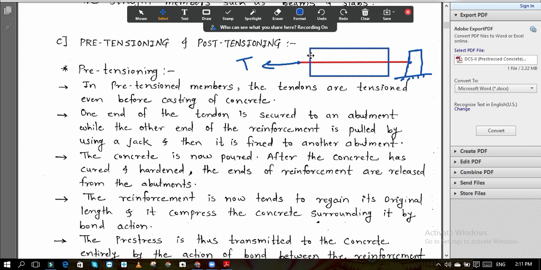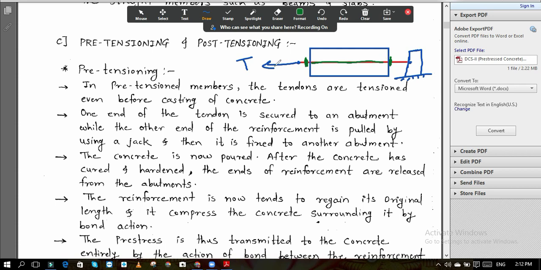Okay, and now once this concrete is hardened, then it will be cut down from this point, near the face. So this remaining, now what will happen, this is the tendon.